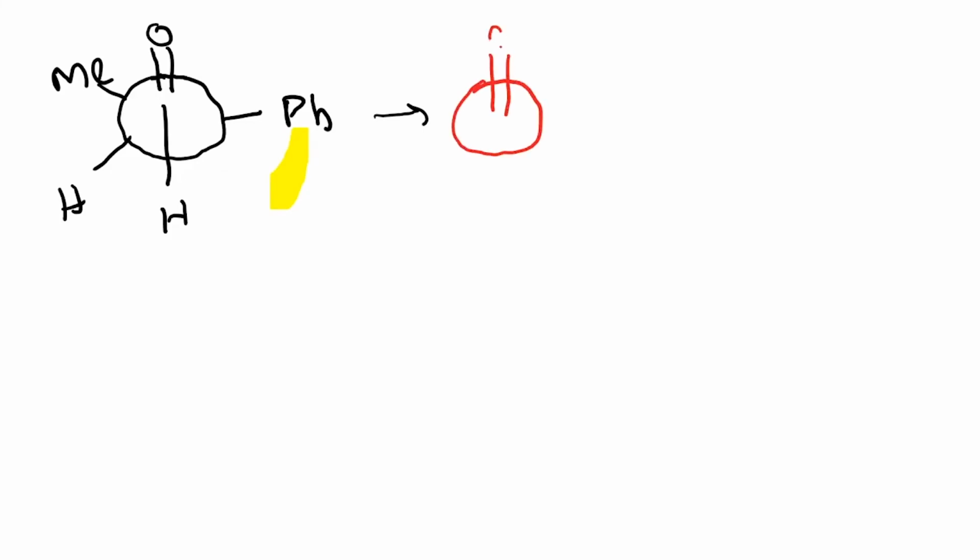So the carbon remains intact. Okay, so the phenyl moves down, the methyl moves from here to here, and then the hydrogen is now perpendicular to the carbonyl.